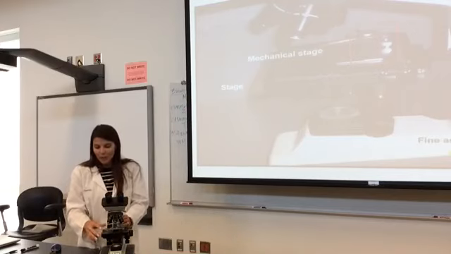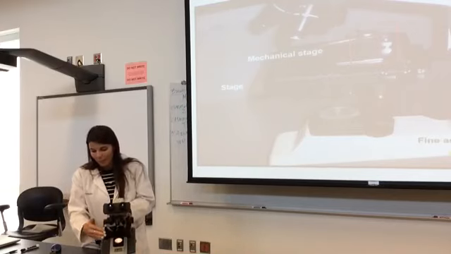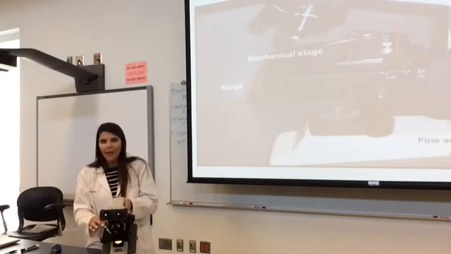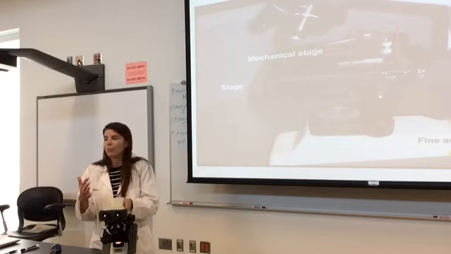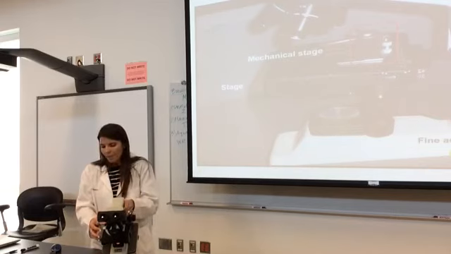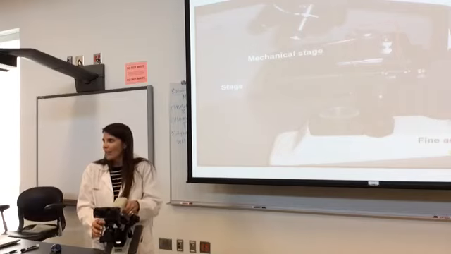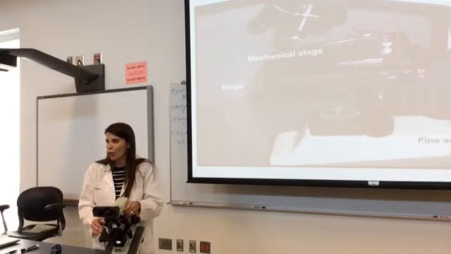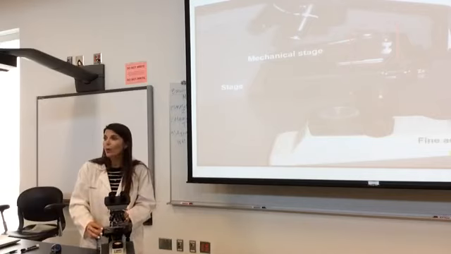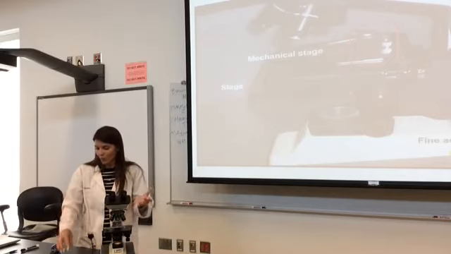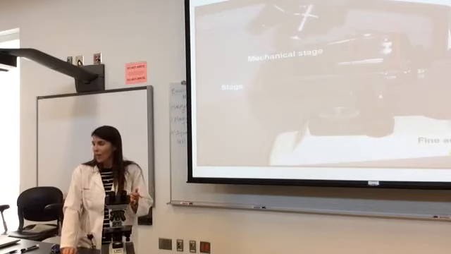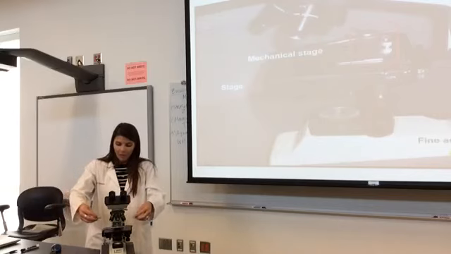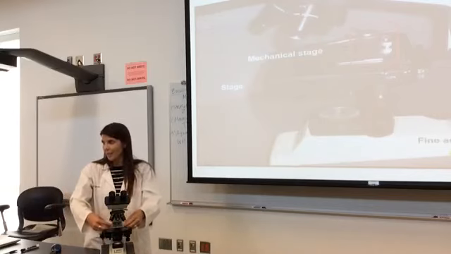But on your stage, which is the black part, there should be a silver setup. Some of you have a brushed flat black one on some of the newer microscopes. But you have this silver setup, and that's our mechanical stage, the claw. How it works, for those of you who are older, you don't force your slide underneath it.